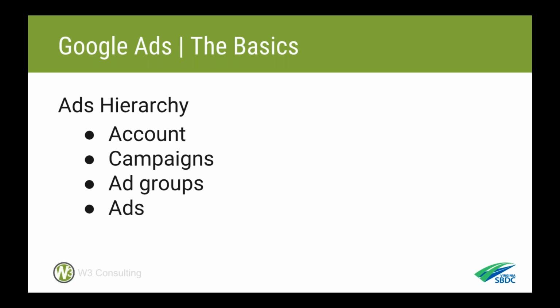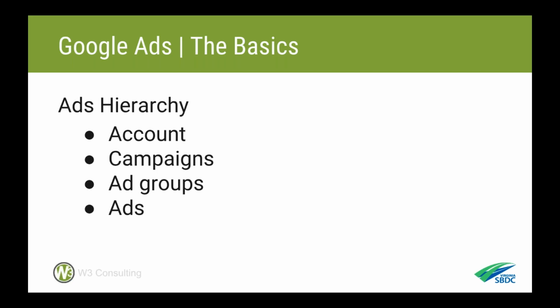Unless you have multiple businesses, you in essence have one account. If you're managing multiple businesses' Google Ads accounts, then you would potentially have multiple accounts, but generally you have one Google Ads account.